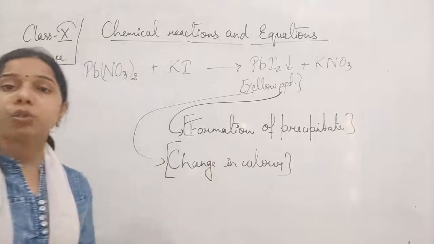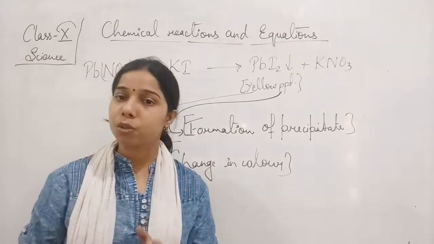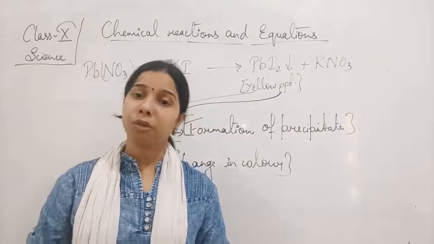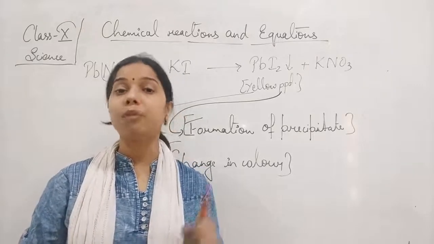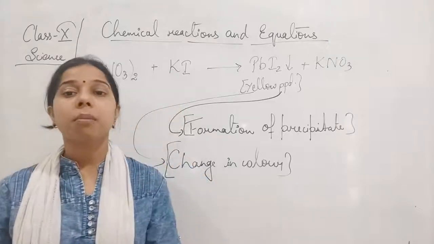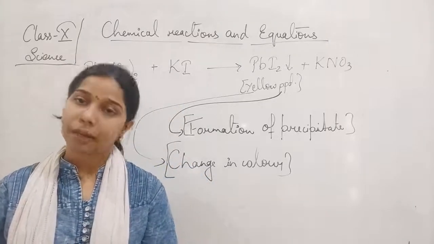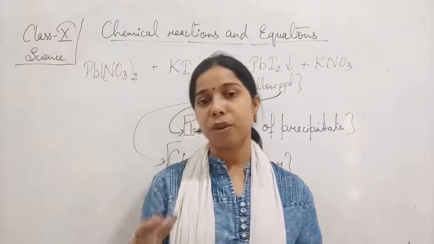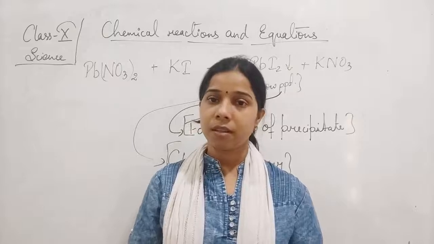By these two chemical reactions, we have understood one thing: it is not necessary that a particular reaction will show only one characteristic, but a reaction can show more than one type of characteristic.